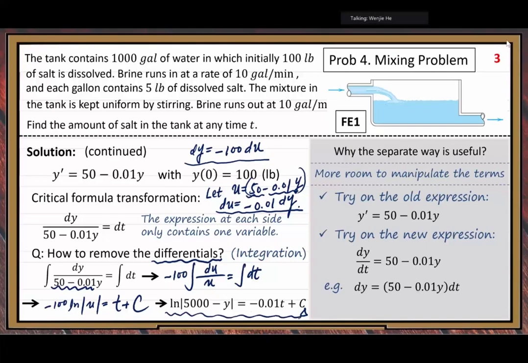Then one little thing I like to have some discussion on, that is this absolute value. Because when we have absolute value, we have two cases, right? Positive case, negative case. So we may need to consider two possible cases here. But in this situation, we have our original question in our original environment.